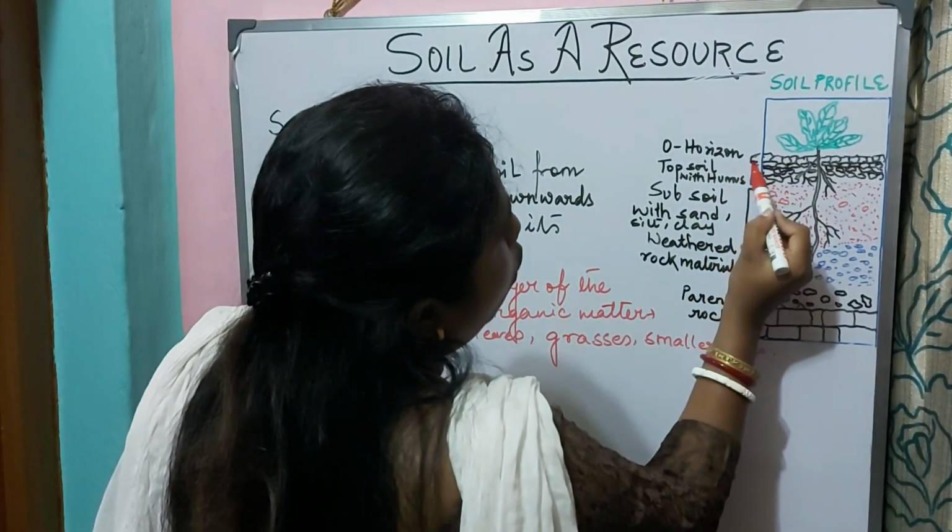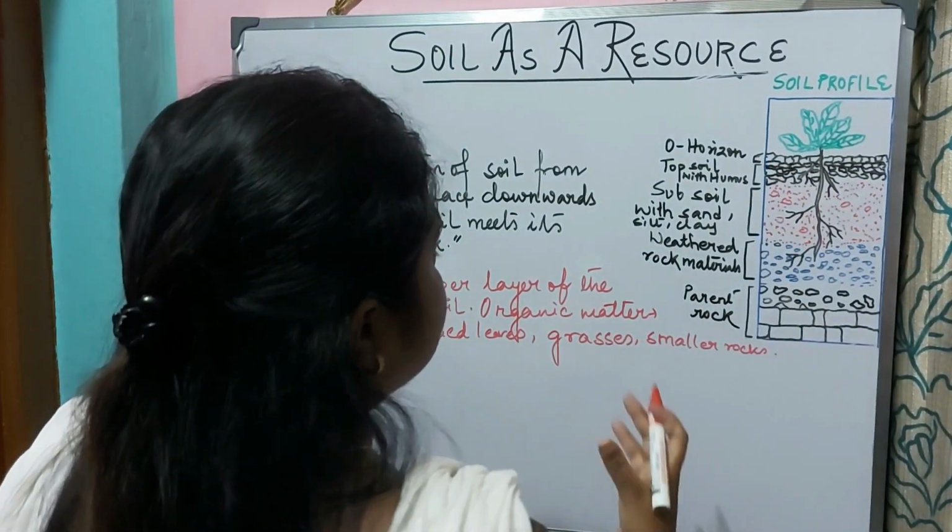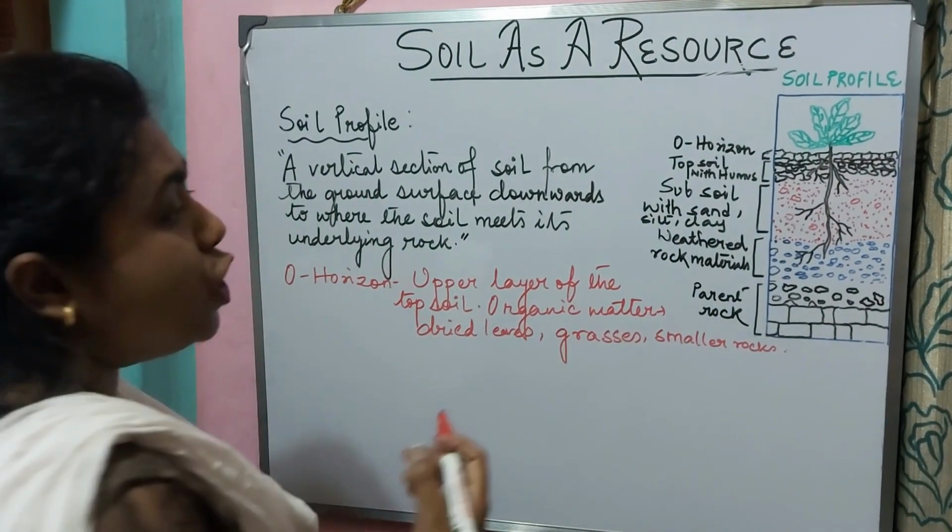So this is my O horizon, which is the upper layer of the topsoil where we can get organic matter, dried leaves, grasses and small rocks.